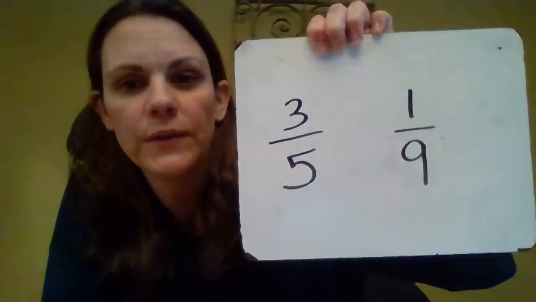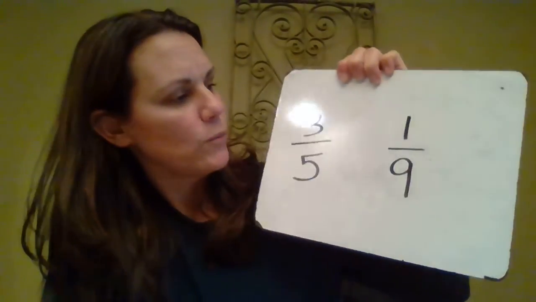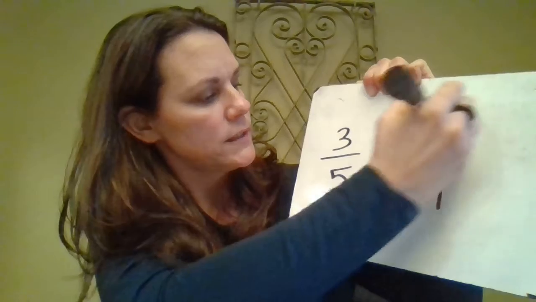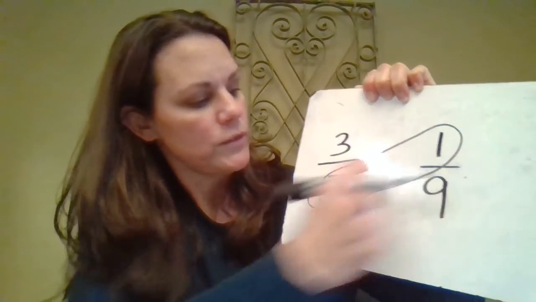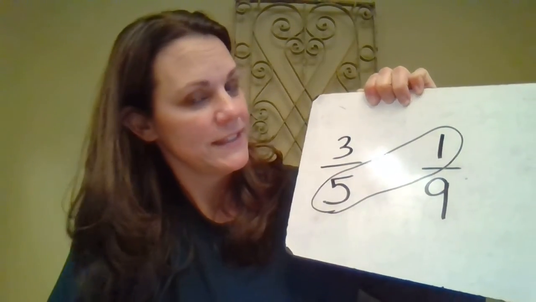All right. How about 3/5 and 1/9? I'm going to take a guess which one's bigger. Any guesses? So remember, we cross the fractions and we multiply. 5 times 1 is 5.